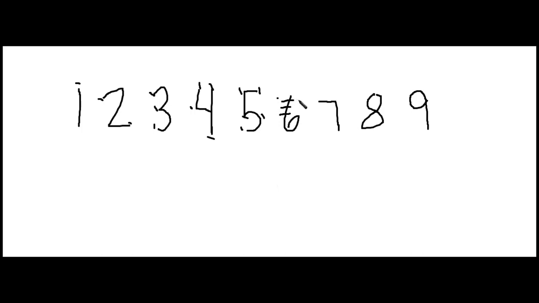So wherever you see a line, that means you're going to touch it twice. The 7, 1, 2, 3, 4, 5, 6, 7. The 8, 1 through 8. And the 9, 1 through 9.